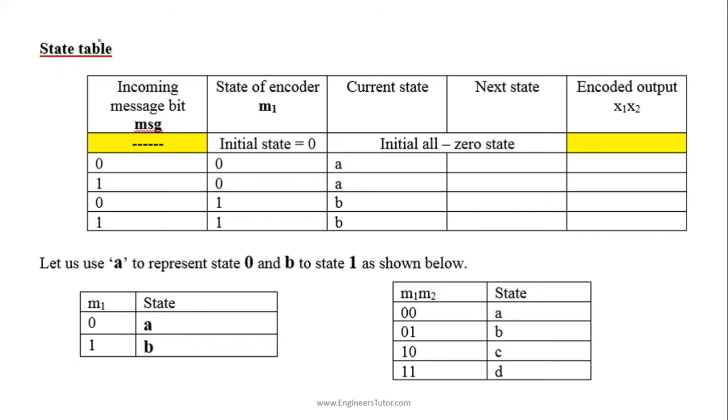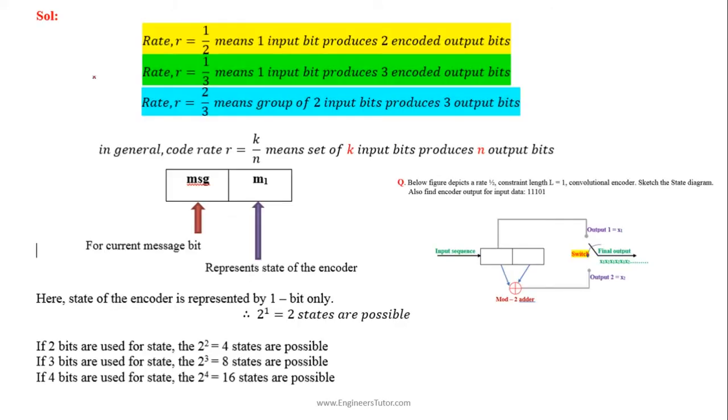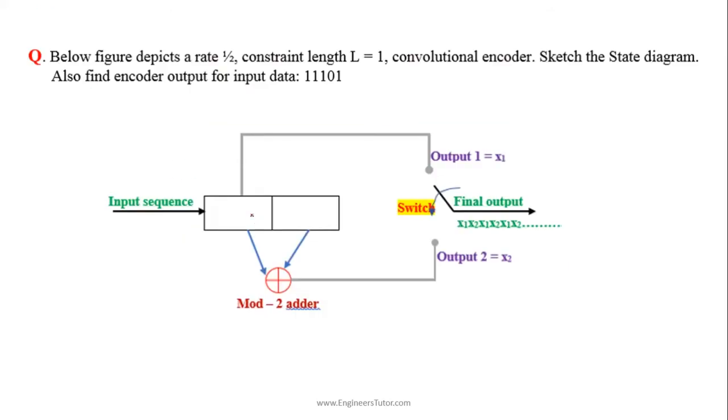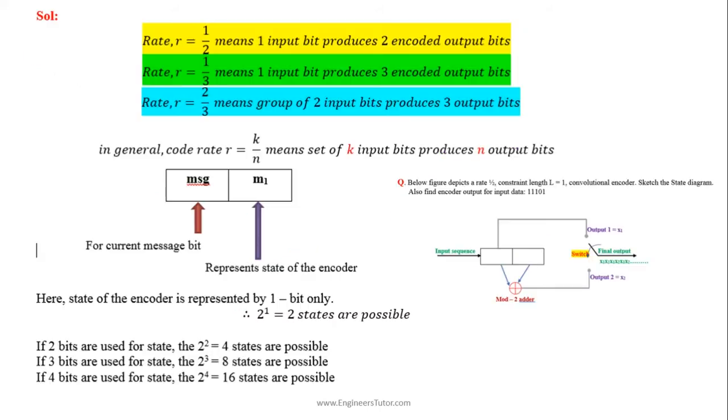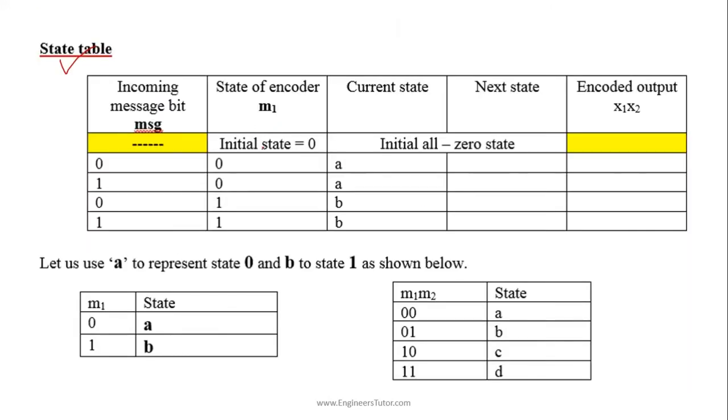Let us understand how to prepare a state table for a given convolutional encoder. Initially, the encoder is at the all 0 state. The state of the encoder is represented as M1, and initially it is in the all 0 state.